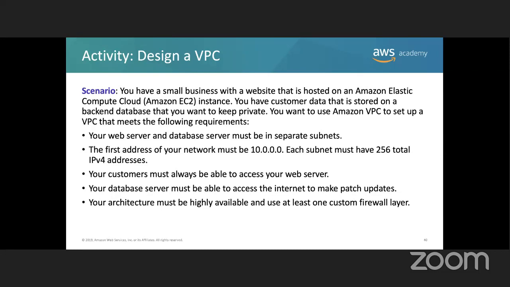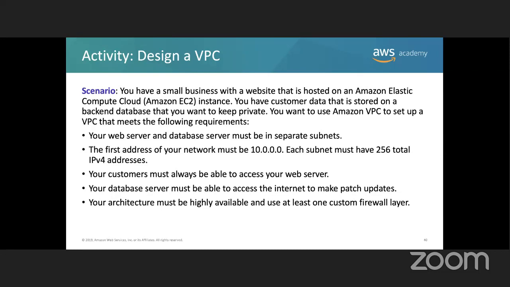Your database server must be able to access the internet to make patch updates. The database is in the private subnet. What do I need to have in place for that database to make patch updates? Not the proxy, it's the NAT gateway. To allow resources in the private subnet to access the internet, I need a NAT gateway.